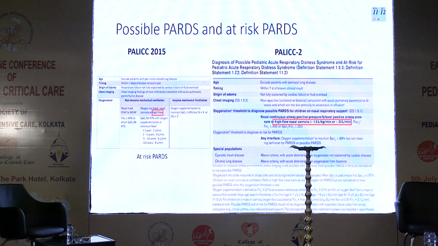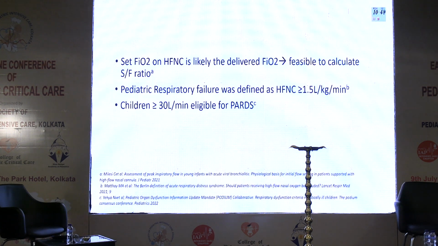So possible ARDS is nasal continuous CPAP or bilevel pressure or high-frequency ventilation, or high-flow with more than 1.5 liters per kg per minute, or more than 30 liters per minute. If a patient requires this much HFNC, then there is possible pediatric ARDS.